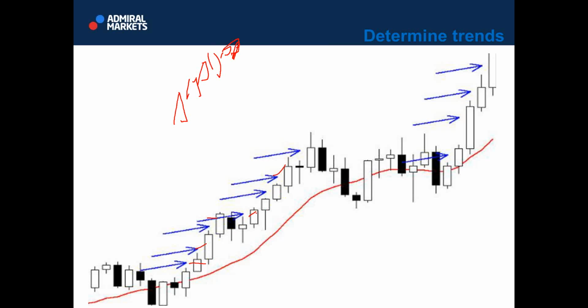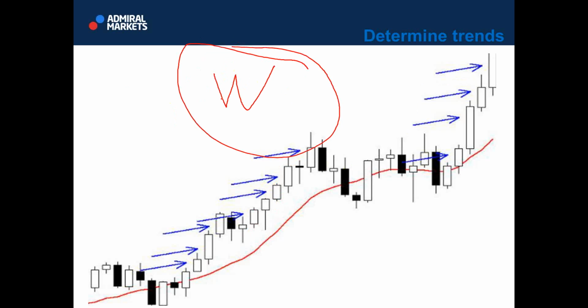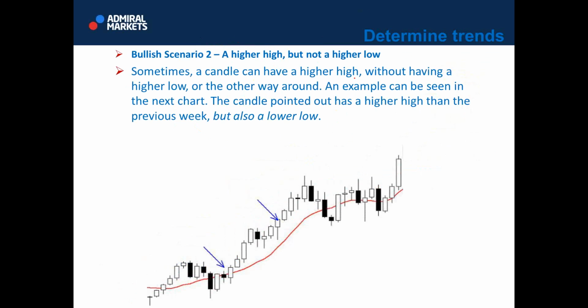This is a higher high and higher low, again and again. The most simple explanation: higher highs and higher lows, on the weekly chart. Because you will be making entries on the 1 hour time frame. So first you determine the trend on the weekly chart.